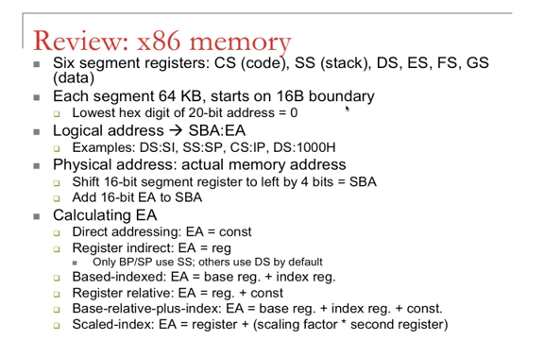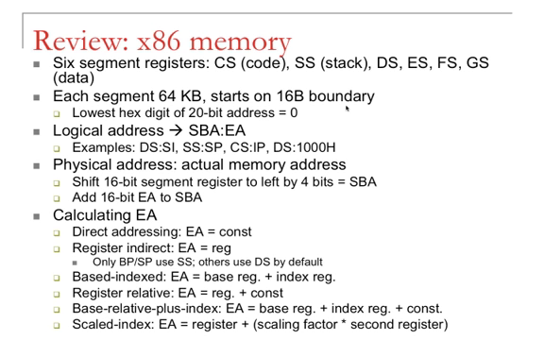The physical address of data is the actual memory address, which the processor will use to access the memory chip and to read or write the data. To get this physical address from a logical address, we need to do a little bit of translation.